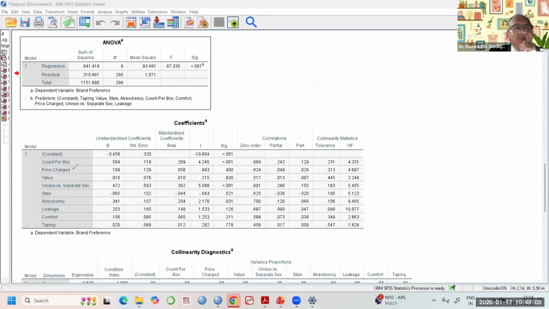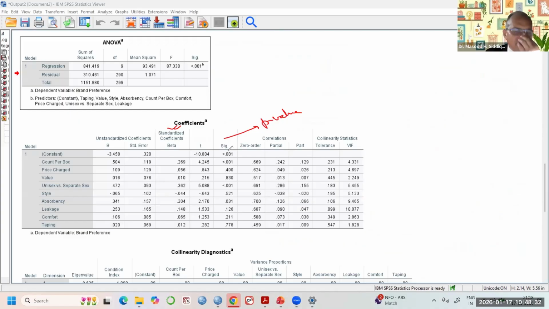Now this is the table. We have these predictors and this is the p-value. I have mentioned the beta, so this is the beta. This is the t statistic, which is the test being applied, and then we go for the p-value. Now let us see what the significant predictors are.